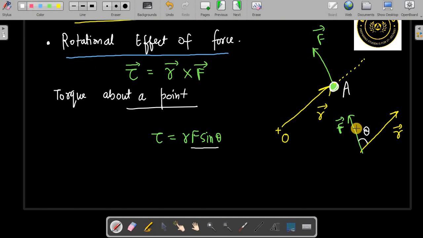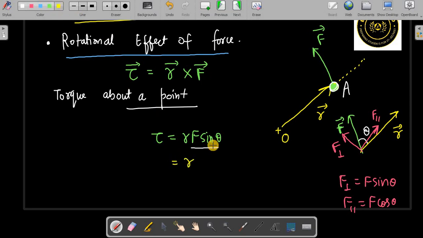If you resolve F, along the radius vector it is F parallel, and perpendicular to the radius vector it is F perpendicular. F perpendicular is F sin theta, and F parallel is F cos theta. Already you know that, right? So if I consider F sin theta as F perpendicular, I can write torque like this.